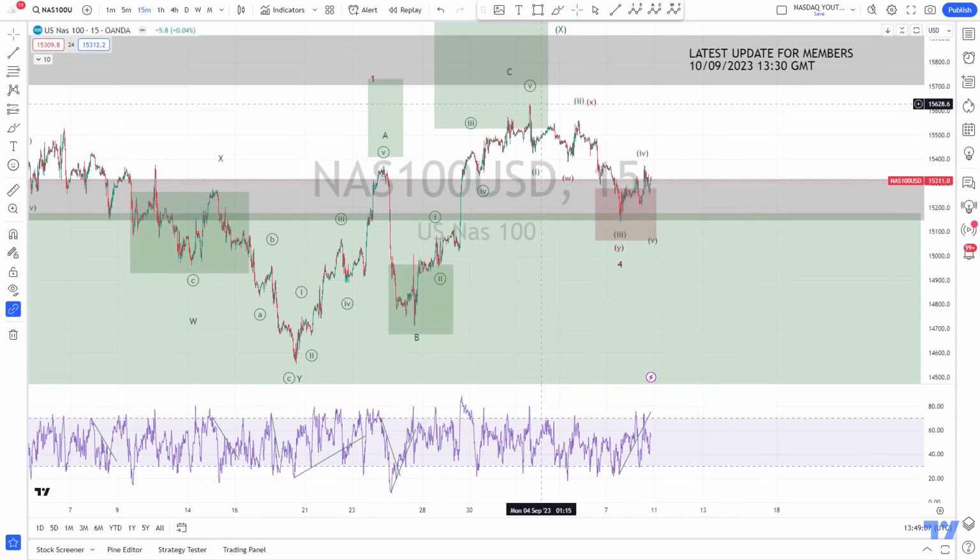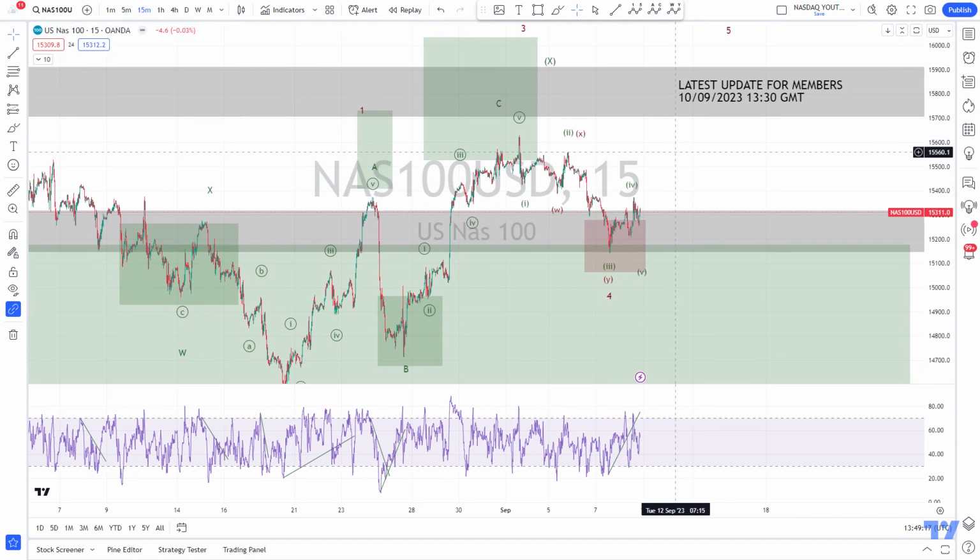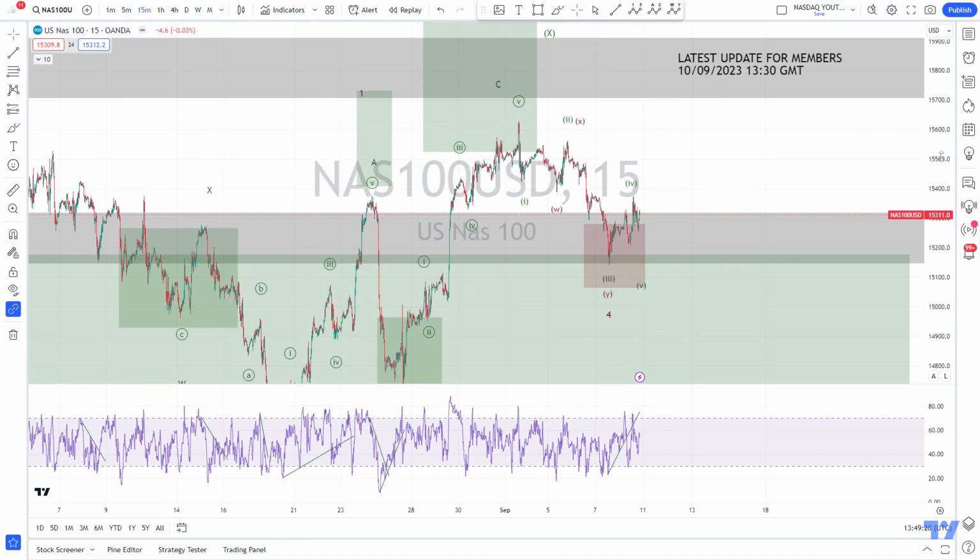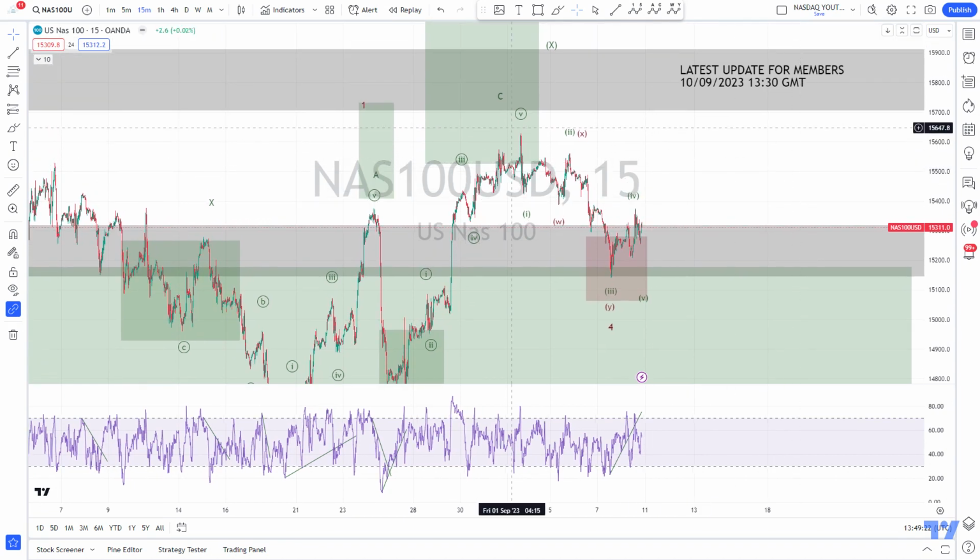Of course, if we would take out this high here, then we have 5 waves up, and then I have to change my count. But for now, I would say that I think here the September 1st high will hold in the NASDAQ and in the DAX.